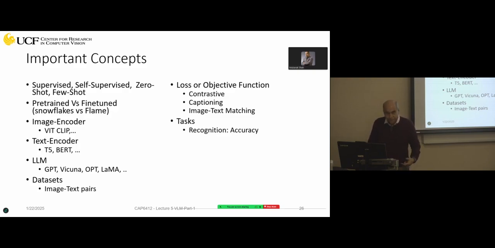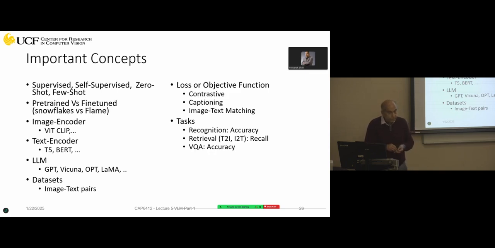So the task is you want to recognize objects, recognize actions and so on, and the metric is accuracy. So you give 100 tests, how many times you are correct. Or in retrieval, given a text, you want to retrieve an image, or given an image, you want to retrieve text. It's a recall. How many of these are you able to recall correctly? Precision, F1 score, and so on.